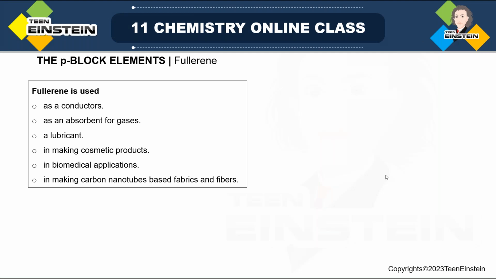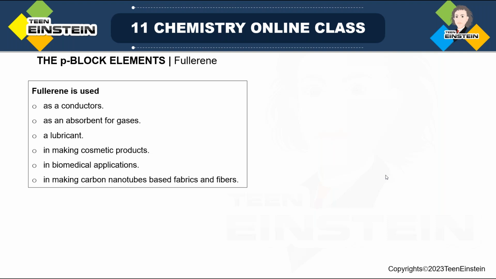Hello everyone. So last class we ended with fullerene, and we have seen the structural features and other aspects of fullerene. Only the application part of fullerene was left, so we will finish that. After fullerene, which is one of the allotropes of carbon, there are some more allotropes of carbon we will also discuss.